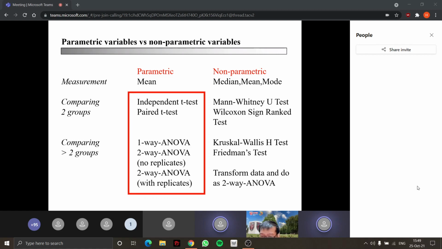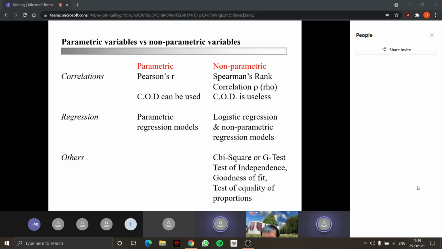We'll be covering most of this in SPSS. SPSS will allow you to do all this. So it becomes important for you to analyze and at least know how to interpret this. And then again, correlations, parametric correlations and non-parametric correlations.